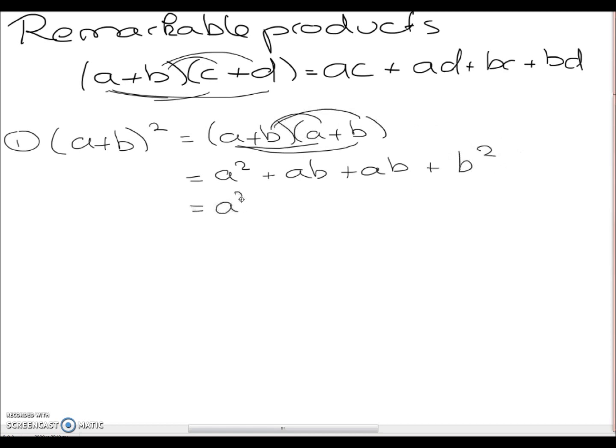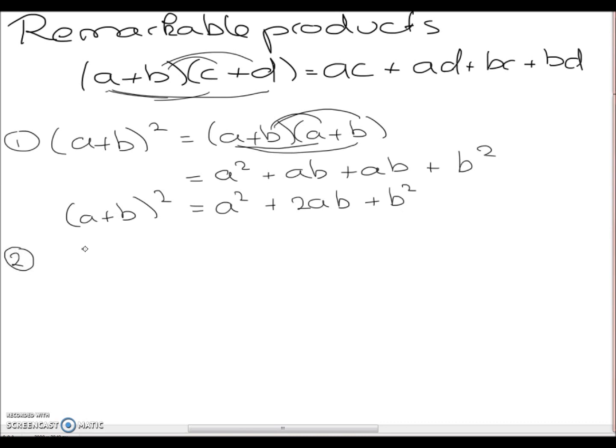Simplifying, we get A squared plus 2AB plus B squared. So (A plus B) squared is the first number squared plus the two numbers times each other times 2 plus the second number squared.